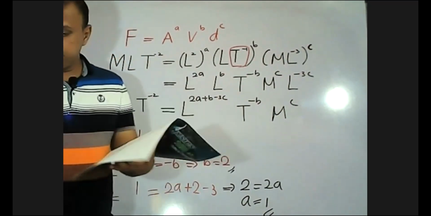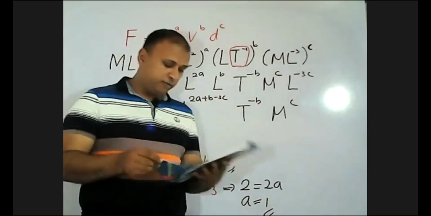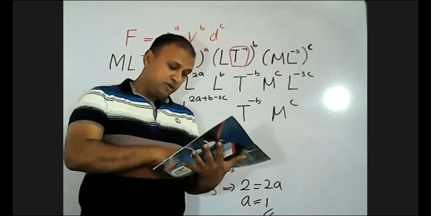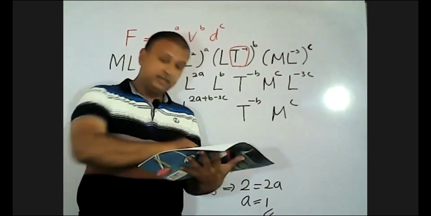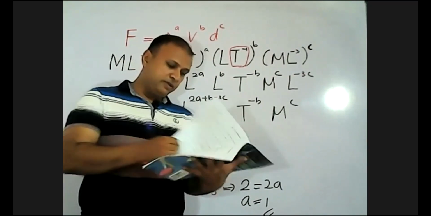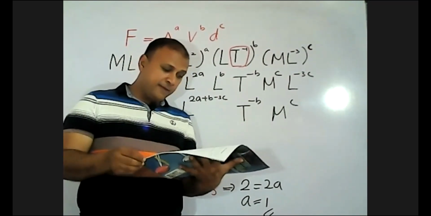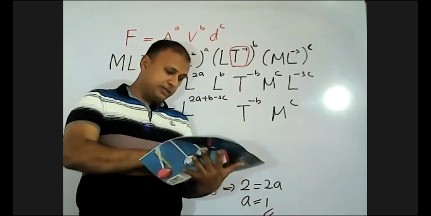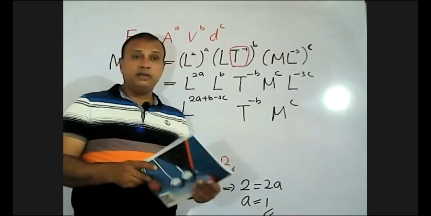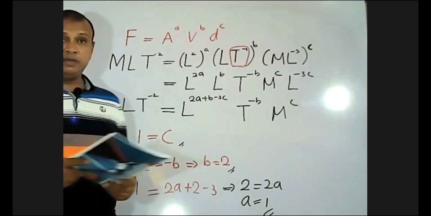Shall we do from question number 58 to 70? 58 to 70 means there are 12 questions. So I will give you 25 minutes.